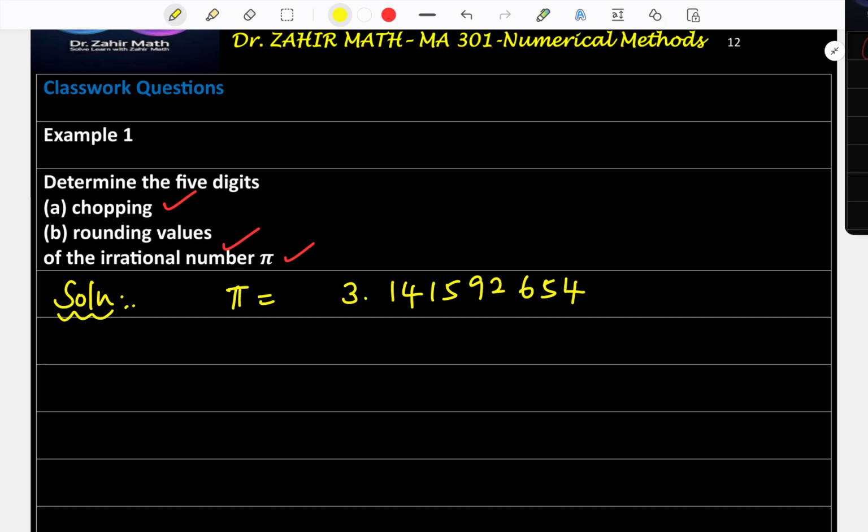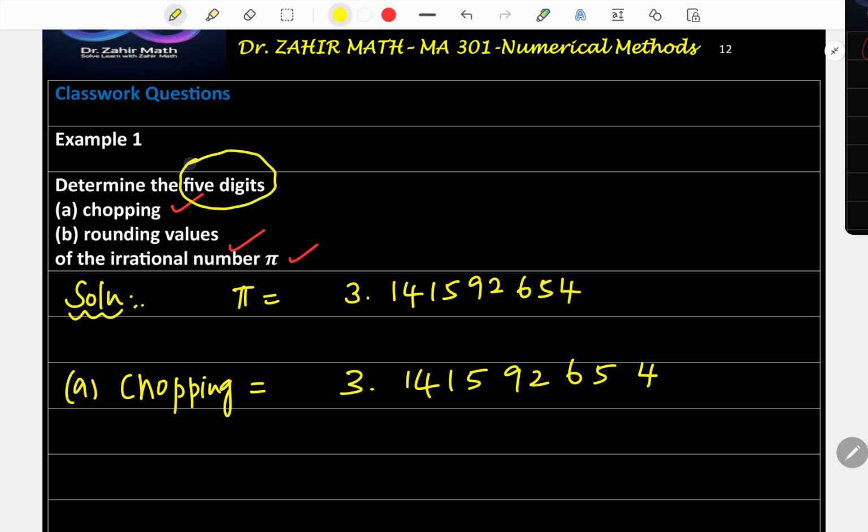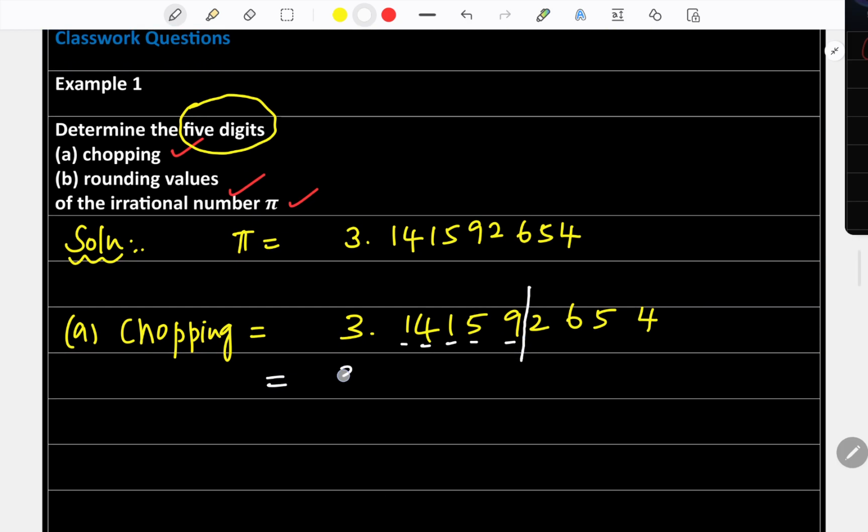What is the question? First is chopping. Chopping means no need to approximate more than 5 digits. So let's chop 3.141592654 for 5 digits: 1, 2, 3, 4, 5. Just chopping here.